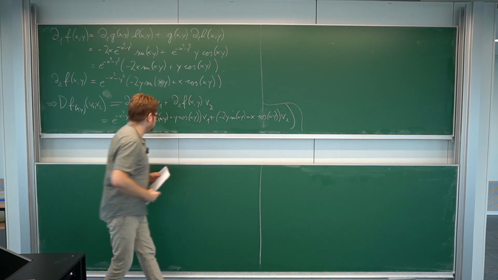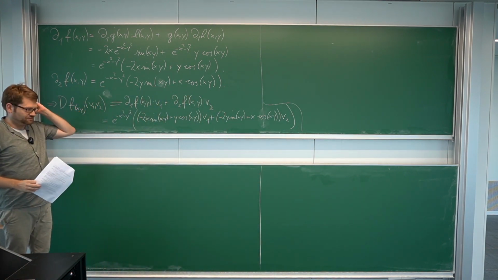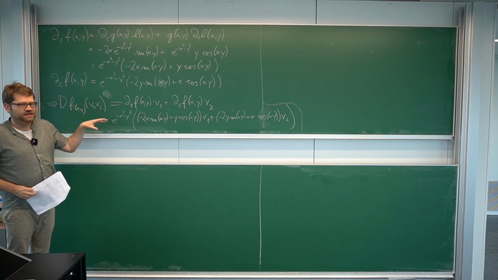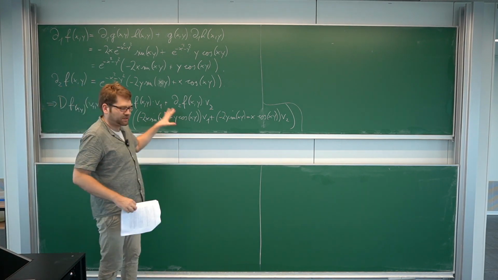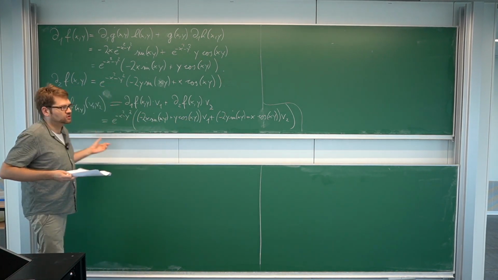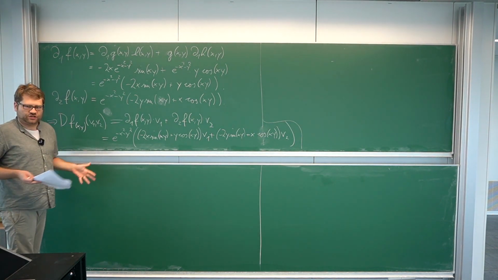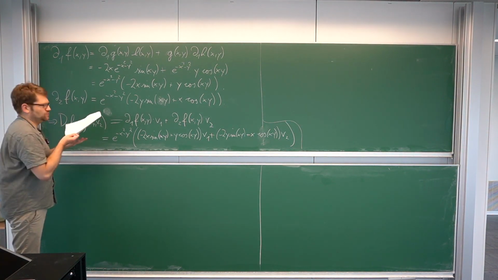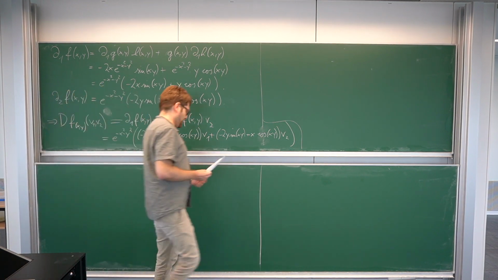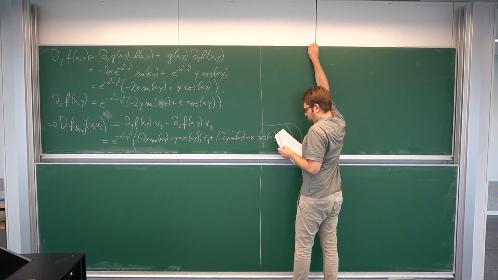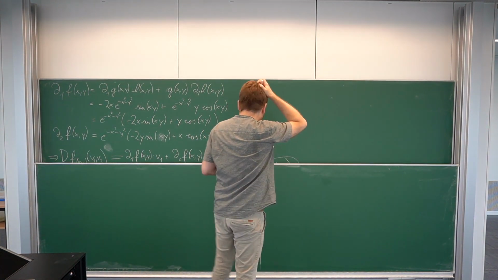So this is the explicit formula for the differential. A bit tedious to compute, but the steps are really not that hard. It's just putting the right steps one after another, and there's nothing very new, because we only need the differentiation rules from the last semester and put it all together in the right way.